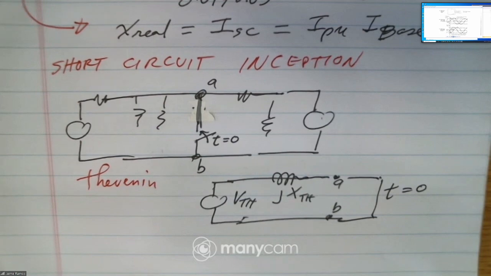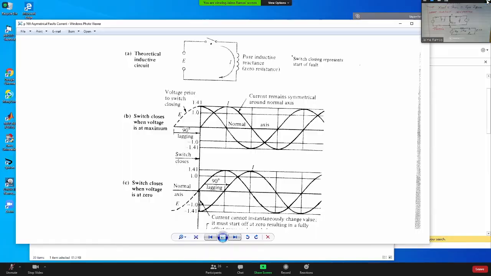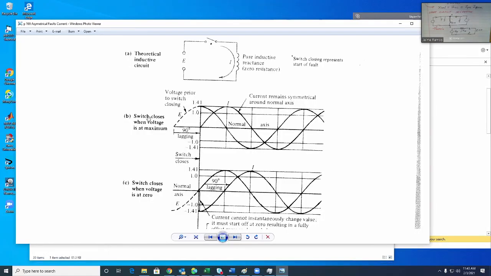There are two conditions for voltage. In B, the switch closes when voltage is maximum. So then the current starts from zero, and the current is lagging.